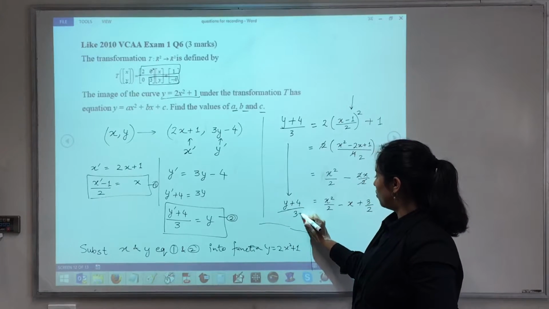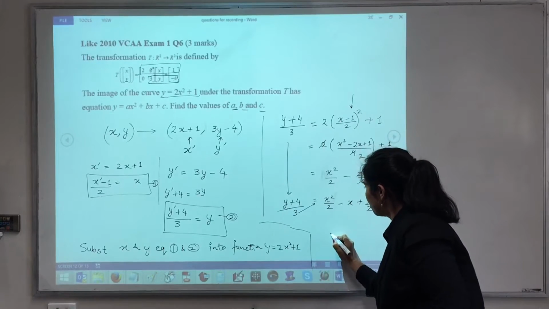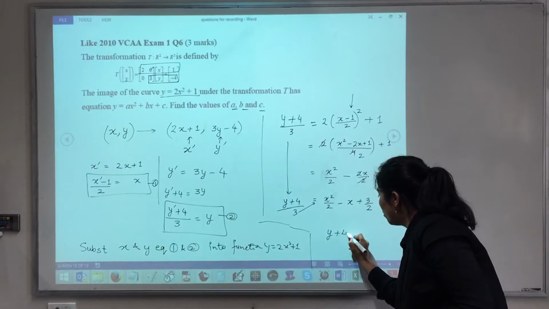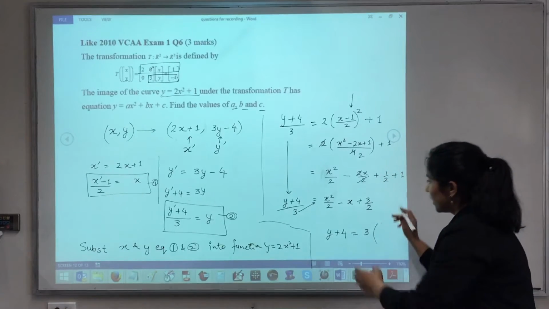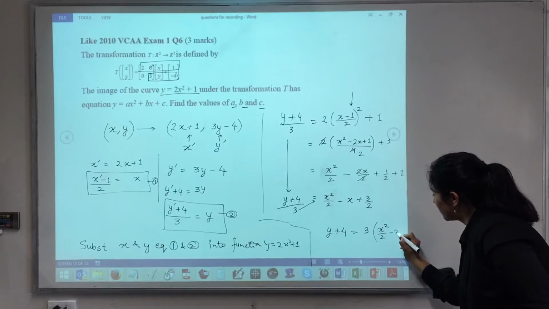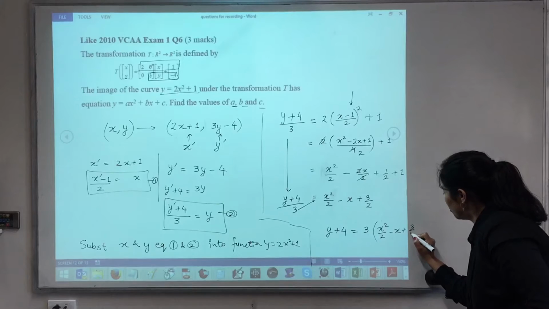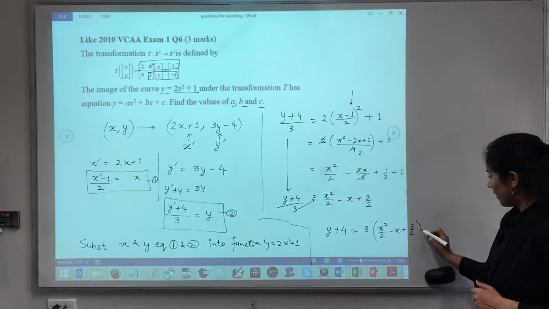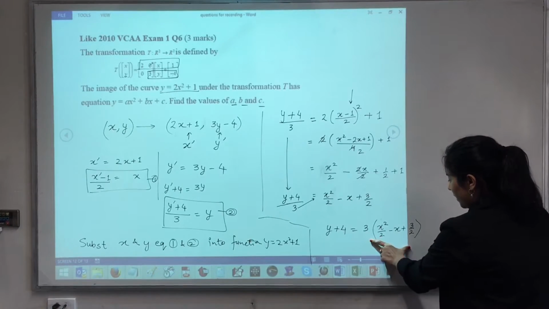Or you can simply move it up. So this is going to become y plus 4 is 3 times the entire thing, x squared over 2 minus x plus 3 over 2. Alright, let's expand this bracket now.